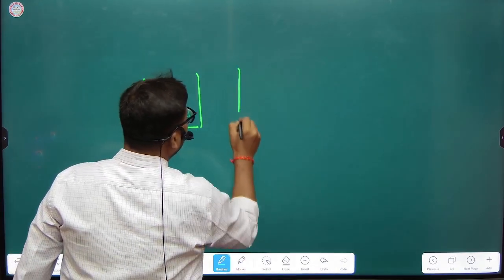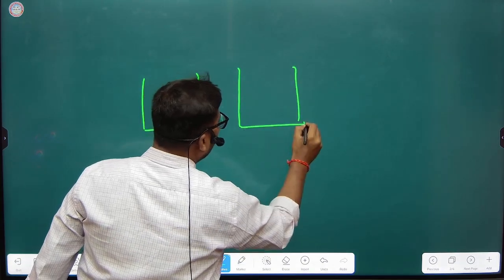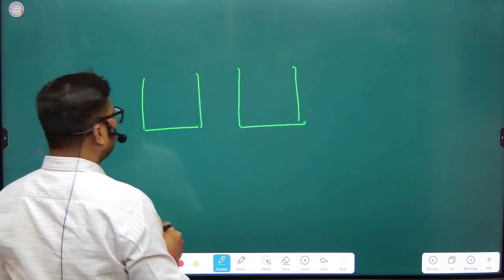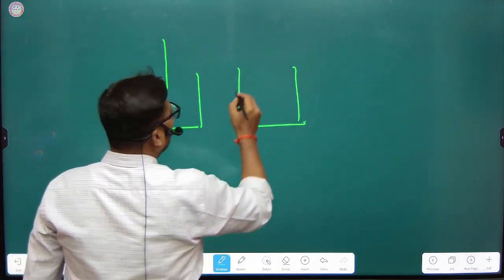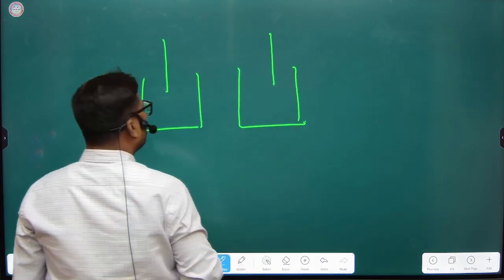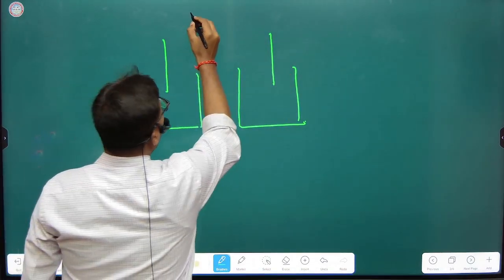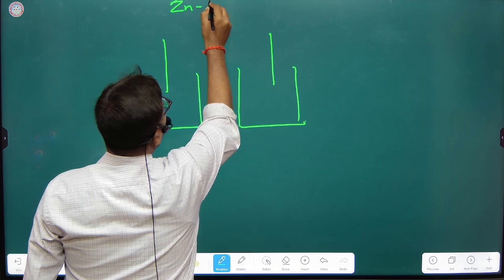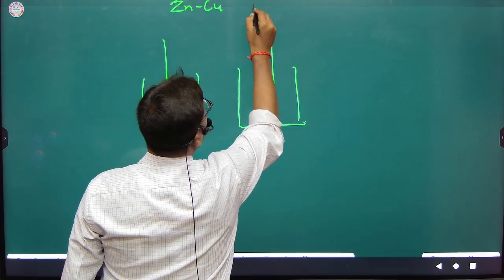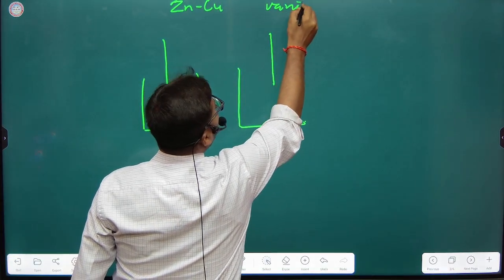And this is your second container, right? As in the previous lectures you have seen. And this is one electrode and this is another electrode, right? Suppose we have a very good example, that is the zinc copper galvanic cell, right? Galvanic cell.